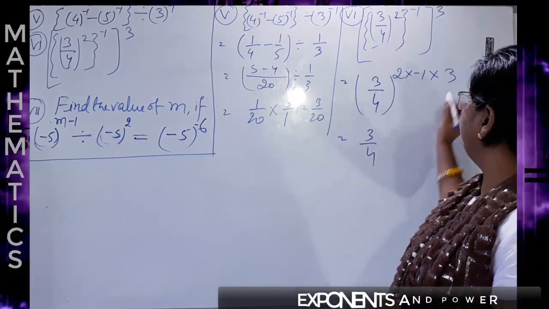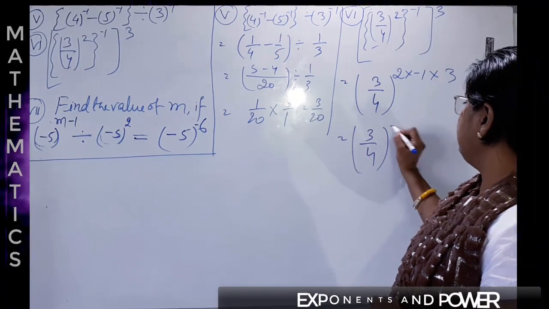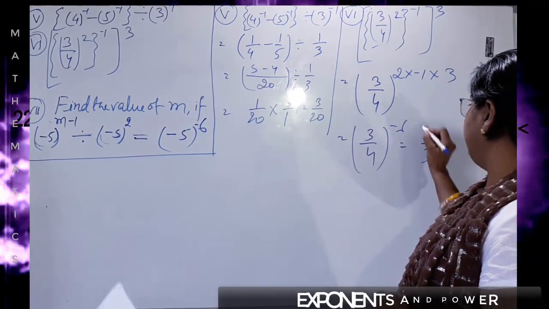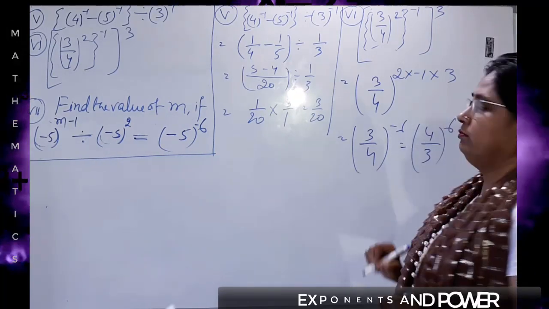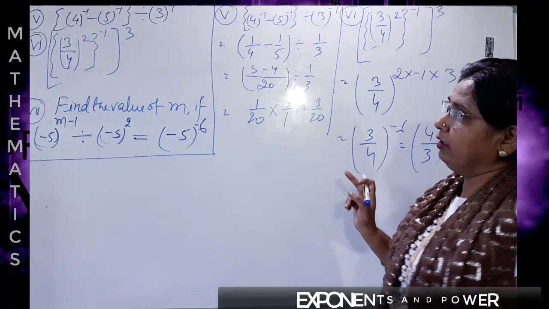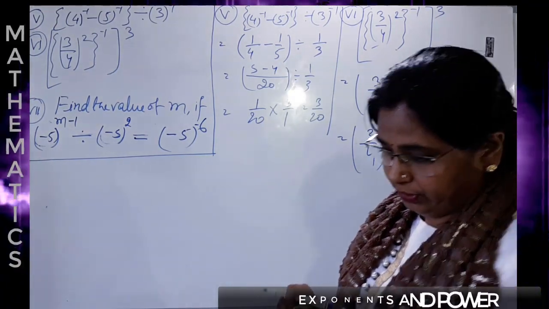Then 3 by 4 to the power minus 6. After this you can write 4 by 3, reciprocal, and then whole to the power 6. Okay.